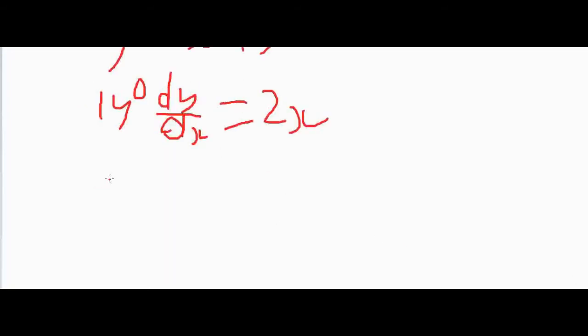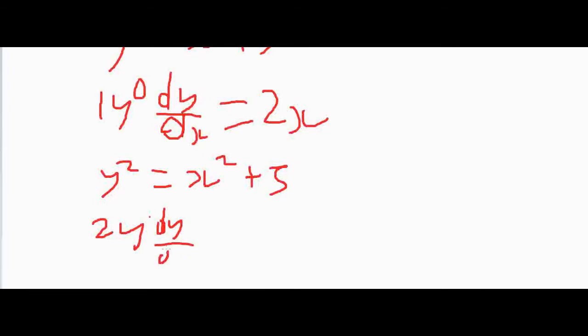But now let's say we have y squared equals x squared plus 5. Now we can differentiate and bring down the 2 to multiply the y, and we can say 2y to the 1 power, because you reduce the power by 1, times dy/dx is equivalent to 2x.